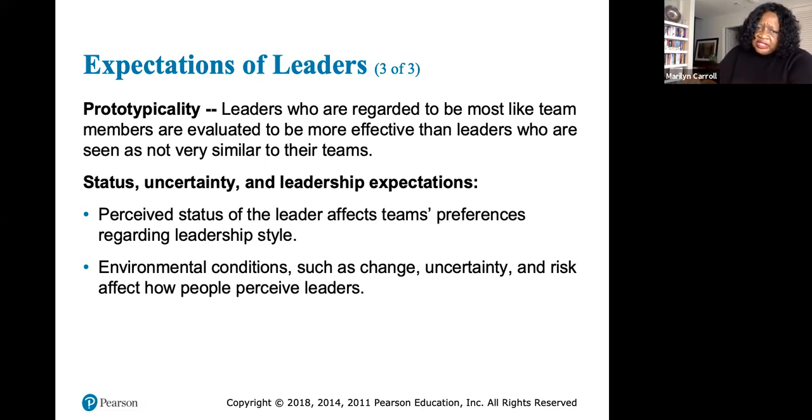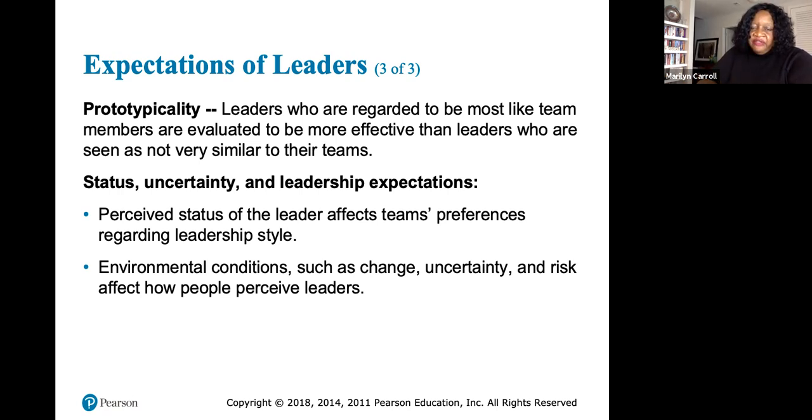Status, uncertainty, and leadership expectations. The perceived status of the leader affects teams' preferences regarding leadership style. Again, perception, guys. You want to get rid of that. Perception is horrible. But then again, as leaders, we have to understand that if we don't want perception, we need to provide as much information as possible for people to make informed decisions.